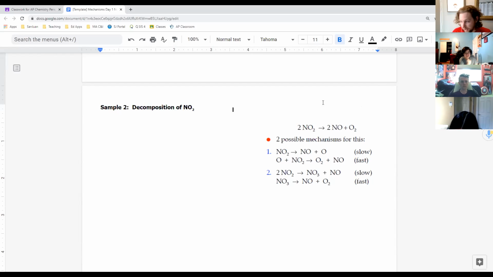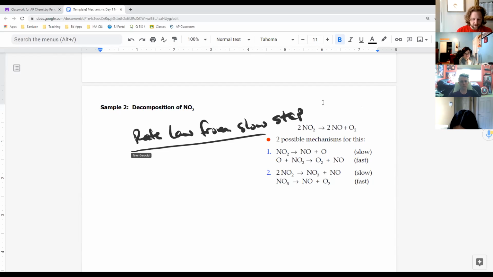If we were to write the rate law based off of each of these slow steps, the first mechanism would be based off of this slow step here. And so we look at the reactants. There's just one reactant.